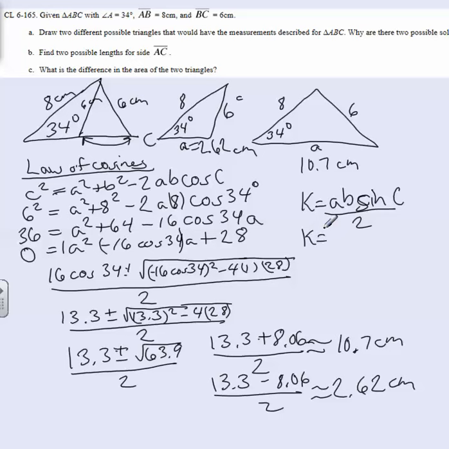So one of them is going to be 8 times 2.62 times the sine of 34 divided by 2. And the other one will be 8 times 10.7 times the sine of 34 divided by 2.